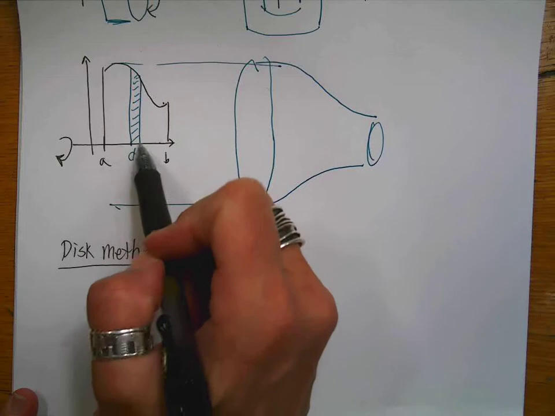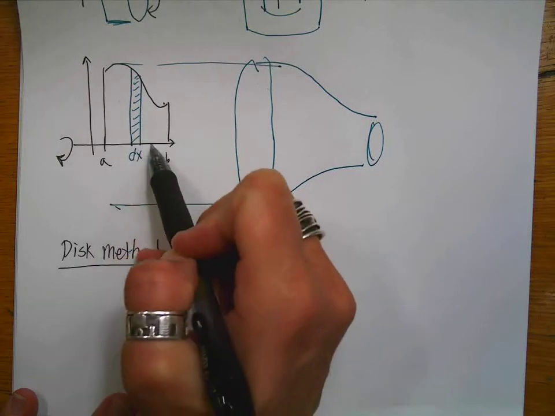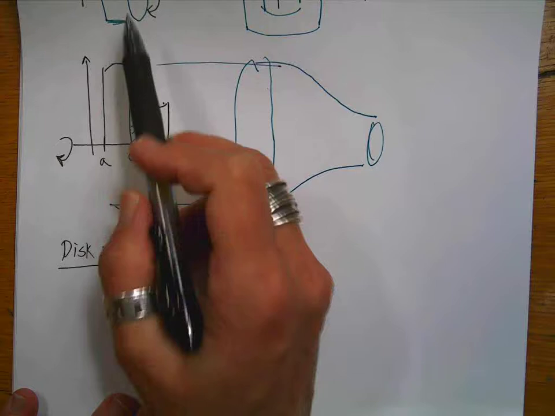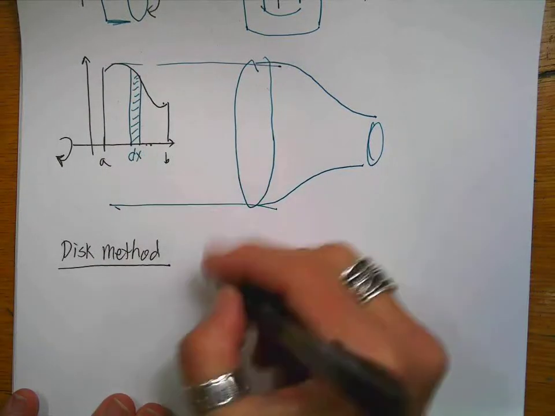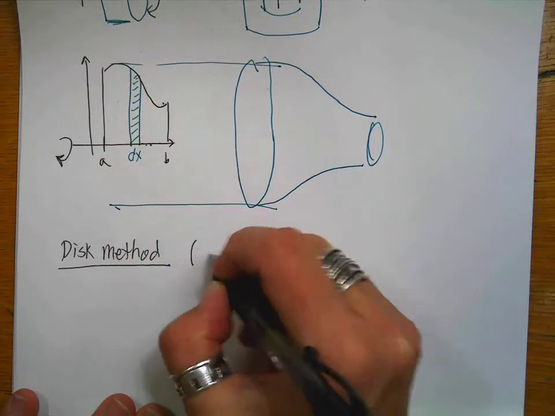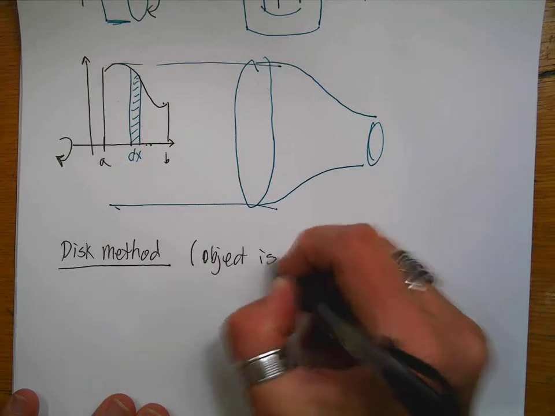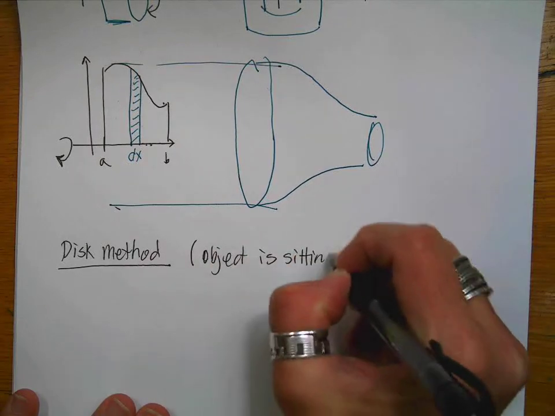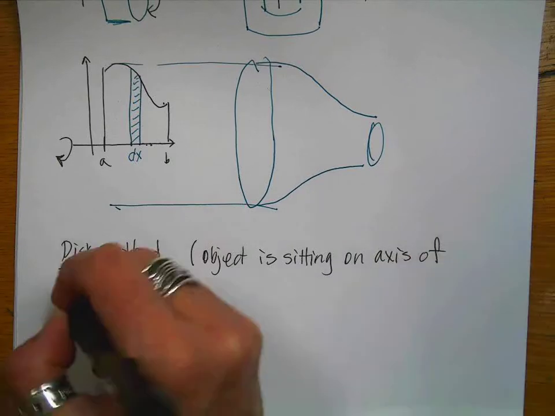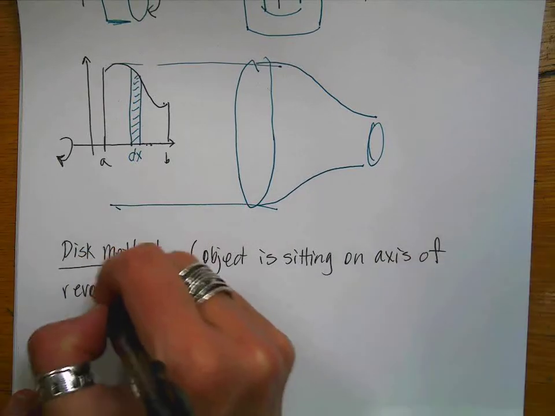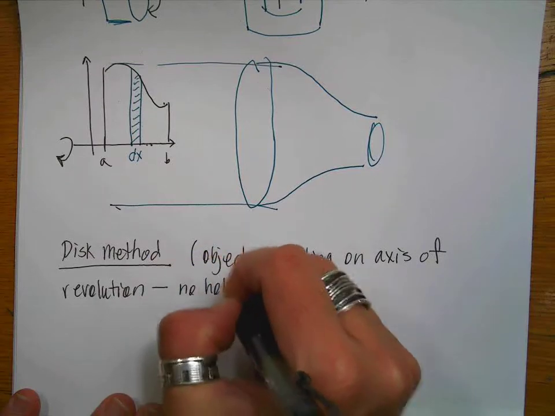But one of the things that we need to notice is that the particular shape is touching the axis in this example and in this one, which means that there is no hole. So in this one, I'm just going to write that the object is sitting on the axis of revolution. And the reason that's important is it means no holes.